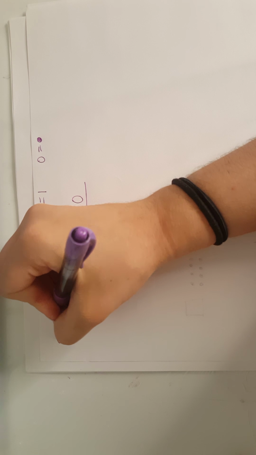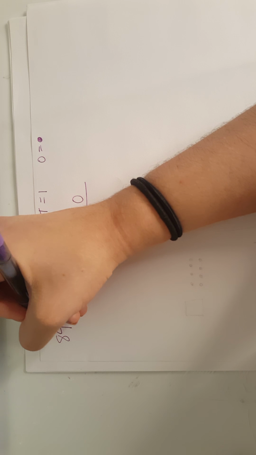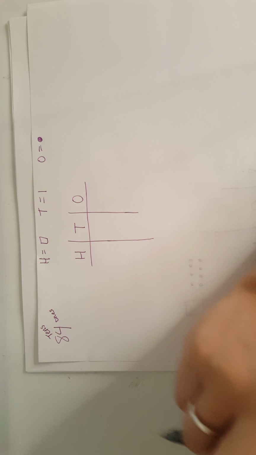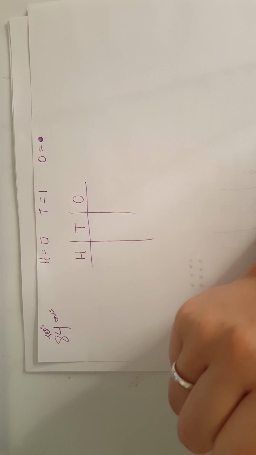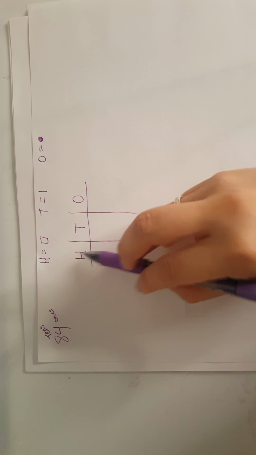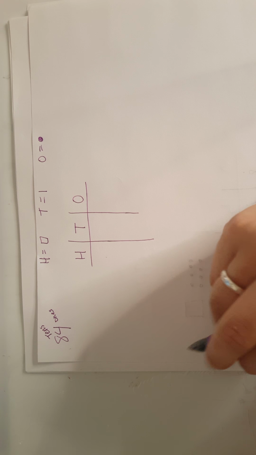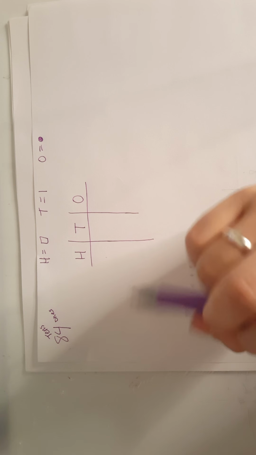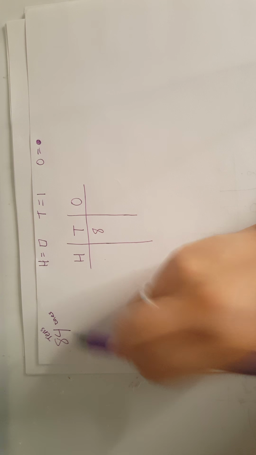So 4 must be the ones place, right? The 8 should be the tens. And, oh, do we have any hundreds? No, we don't have any hundreds. So do we put anything under hundreds? No. How many tens do we have? We have 8. How many ones? 4.